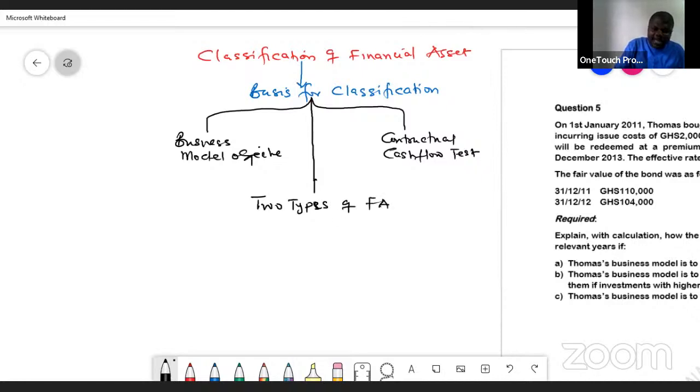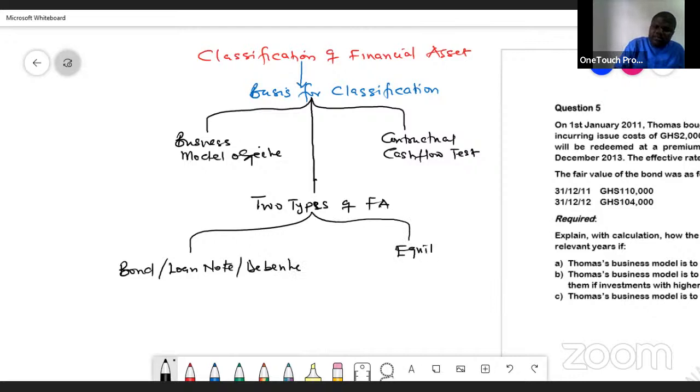That is, whether it is a loan note, a bond, a debenture, that is a liability instrument, or it is equity shares.